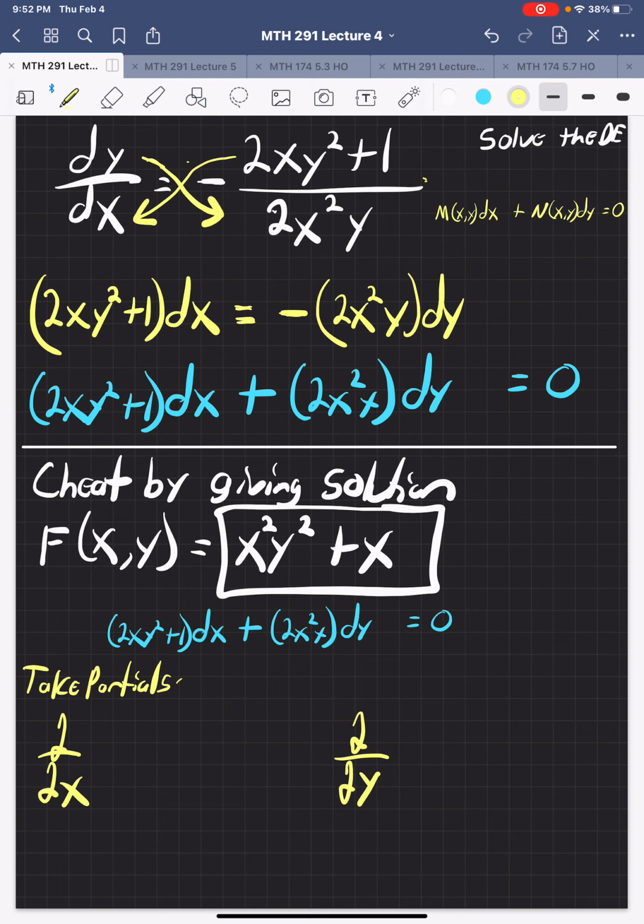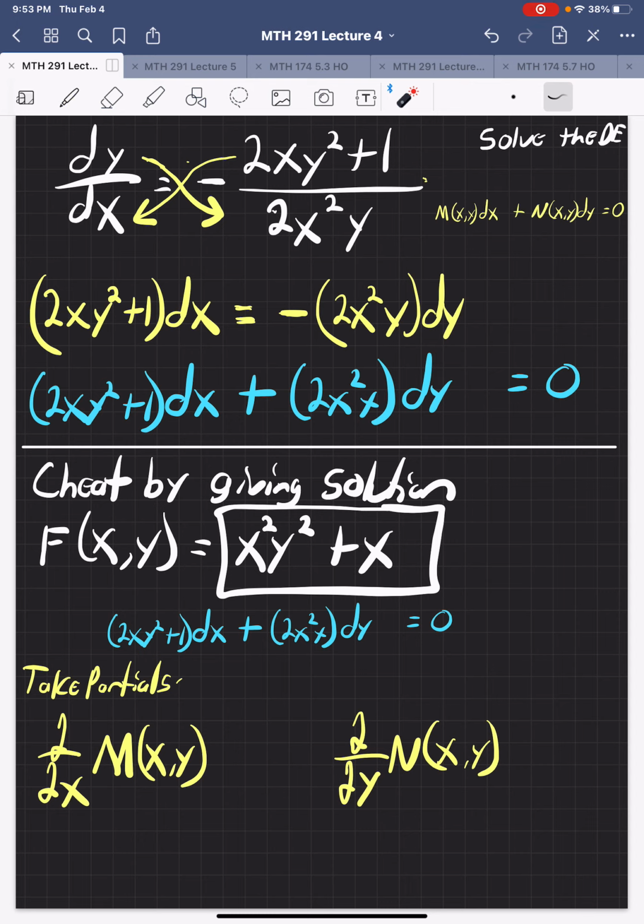You can think of it as taking the partial of M dx with respect to x, and the partial of N dy with respect to y. Ready? So let's start with the partial with respect to x.